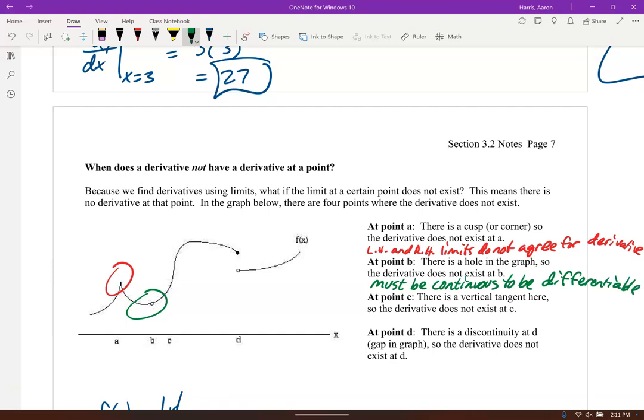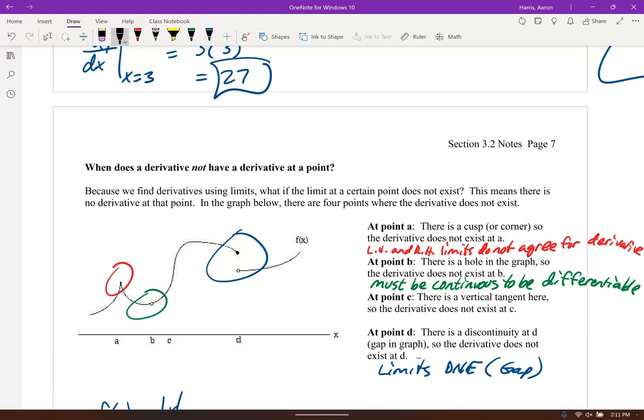Well, the problem with this one is we've got that big gap there. At D, I'm jumping to D, sorry. So we've got the big gap. Limits do not exist here because of the gap, so there's no derivative there at D either.